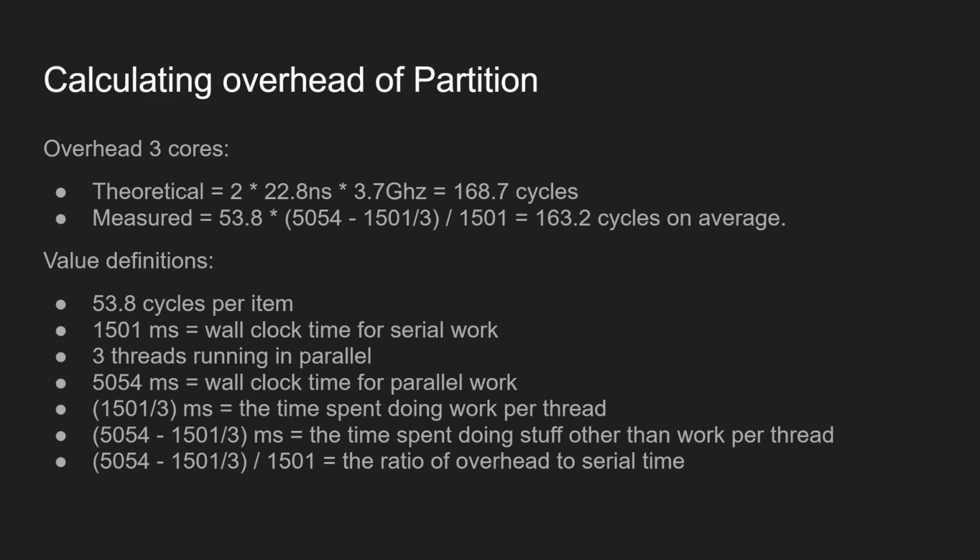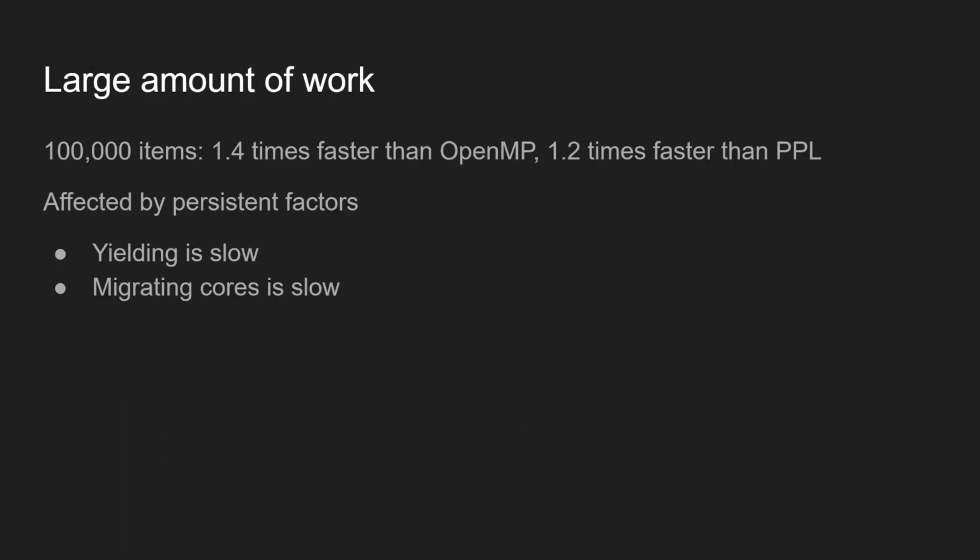This comes out to 163 cycles on average. Accounting for measurement error from various different sources, this basically gives exactly the expected theoretical value. So basically, job well done. In the limit of a large amount of work, I also outperform OpenMP and PPL by 1.4 and 1.2 times respectively.